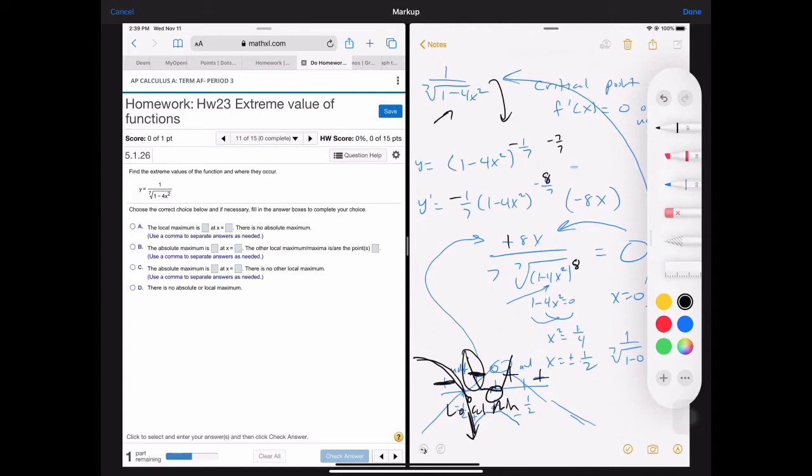When is 1 minus 4x squared equal to 0? We said it was 1/2 and negative 1/2, right? So these are vertical asymptotes. So we know it's going to shoot to infinity. And this is going to be coming down from infinity.